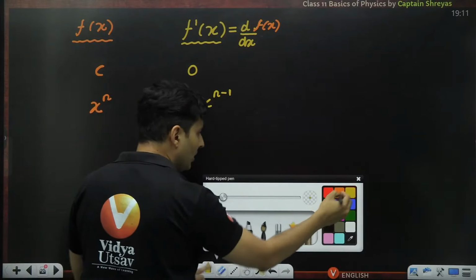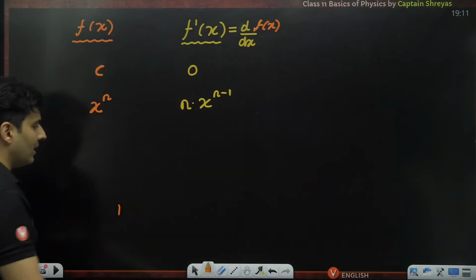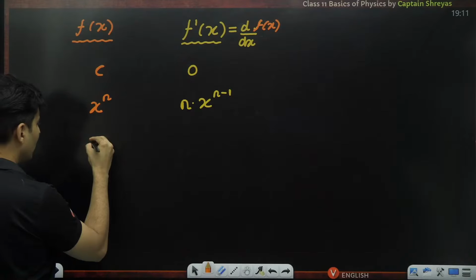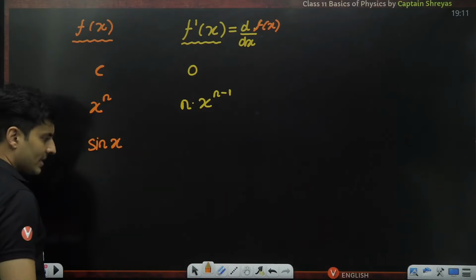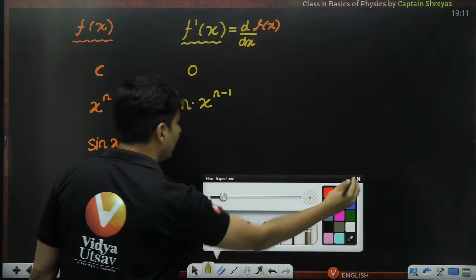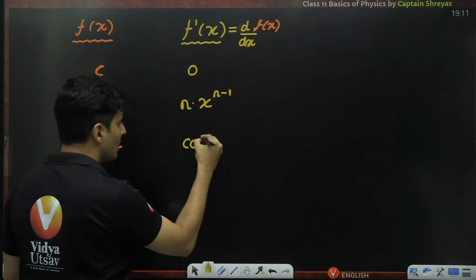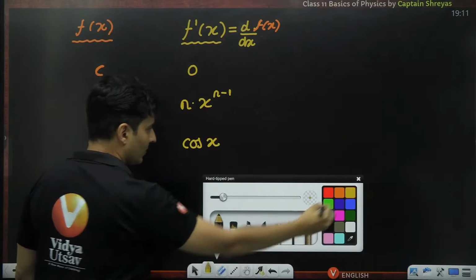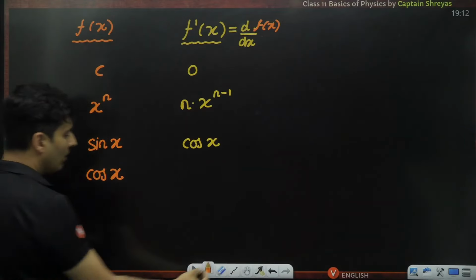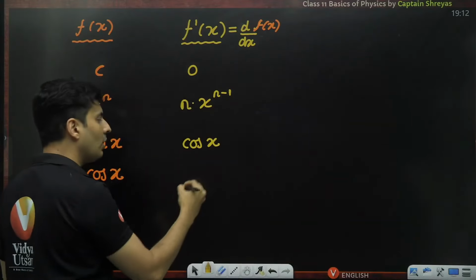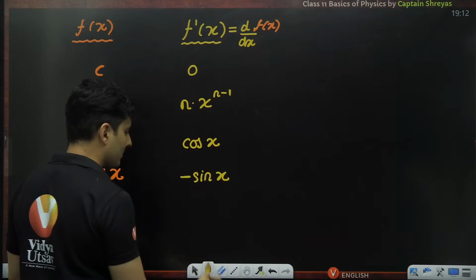I'm just going to give you basic derivatives today because I just want you to understand the concept rather than learning these formulas. If you have something like sine of x, then the derivative of sine of x comes out as cos of x. But if you have cos of x, then the derivative of it comes out as negative sine of x.